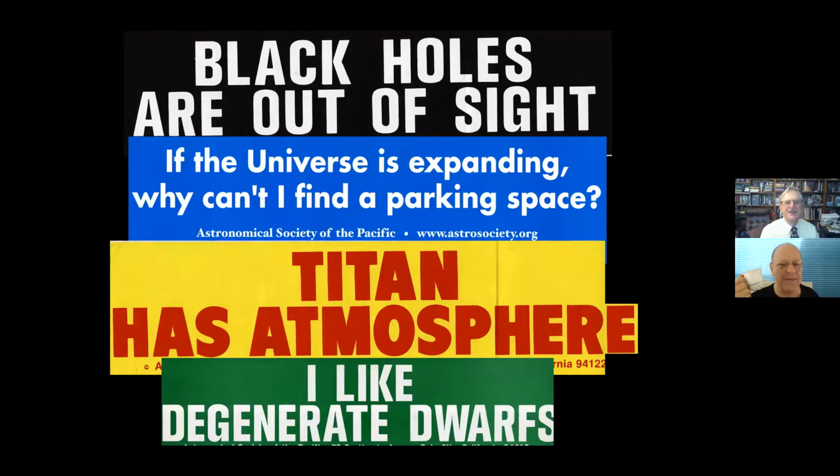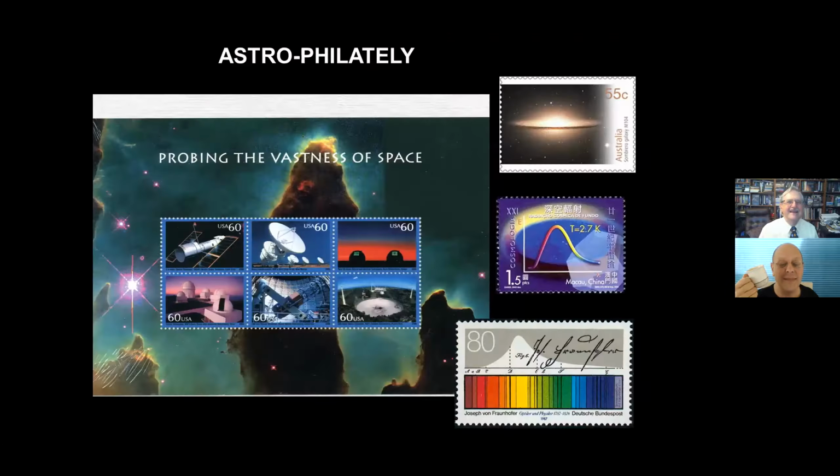In addition to products, you can also enjoy showing some astronomical bumper stickers. These are some of the ones that we've developed at the Astronomical Society of the Pacific. And if you go to my website, you can find images of all of these that you're free to use in your classes. There's the whole hobby of astrophilately.